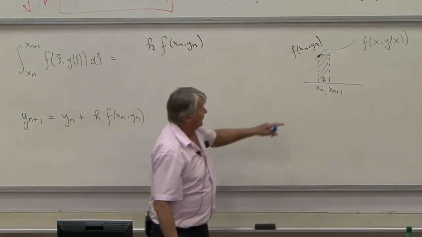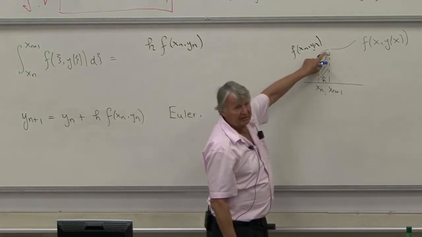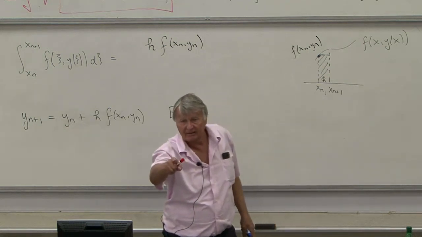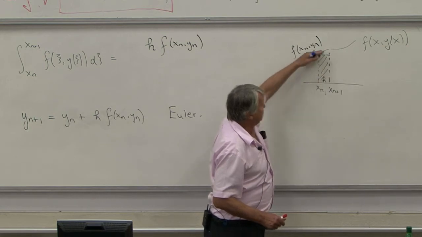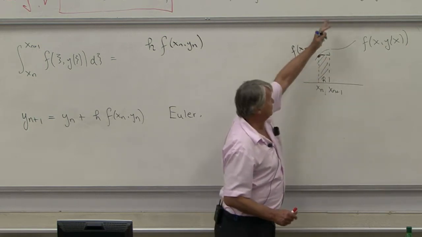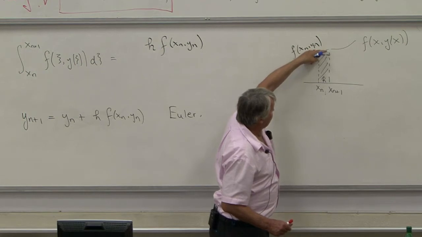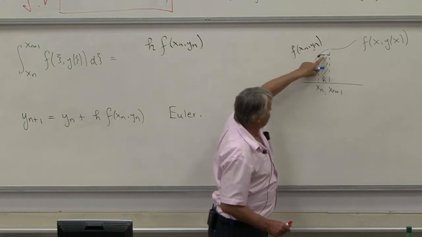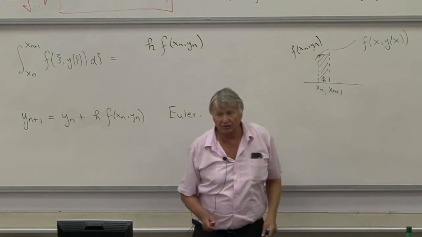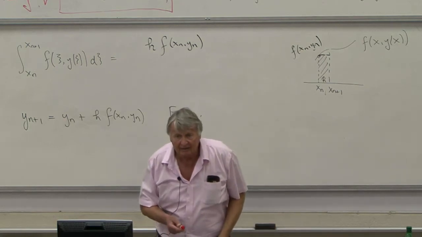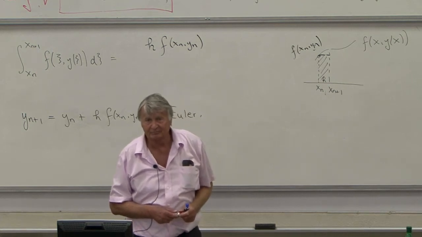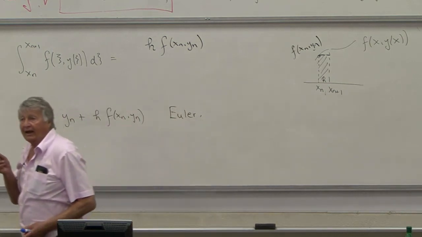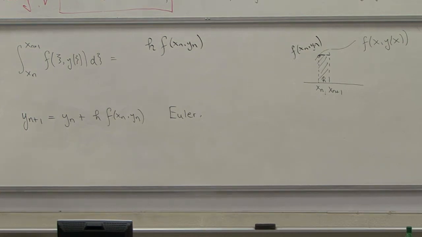But roughly, what is this area going to be in terms of h? Right. If f is fairly smooth, if it doesn't get very steep, this guy is of the order of h. This is h. So the area is going to be roughly h multiplied by h, h squared. So the error per step will be h squared.